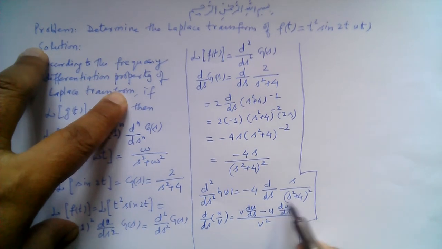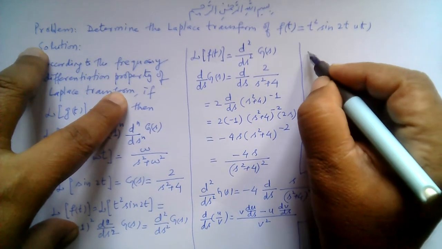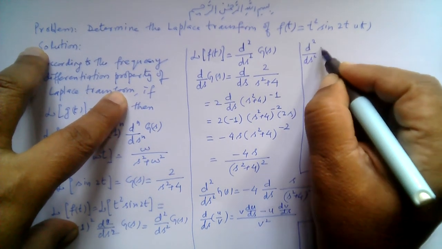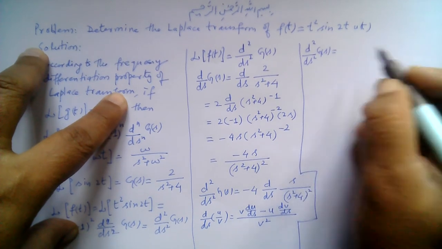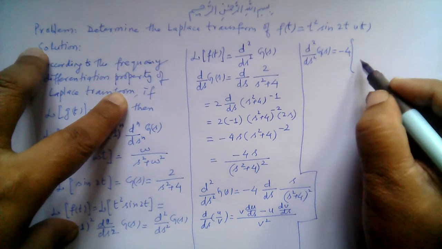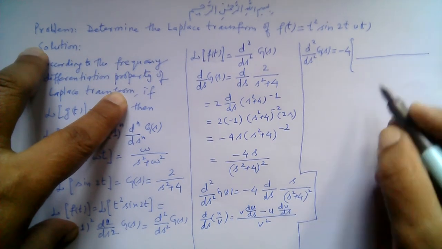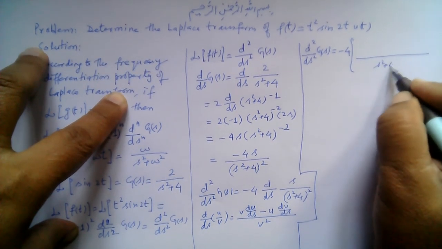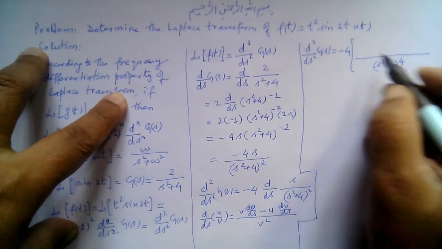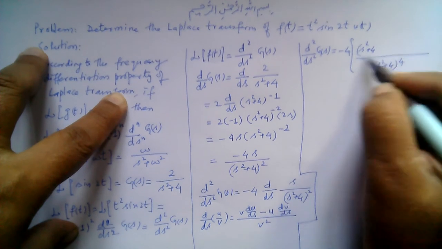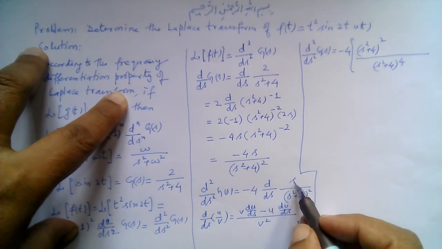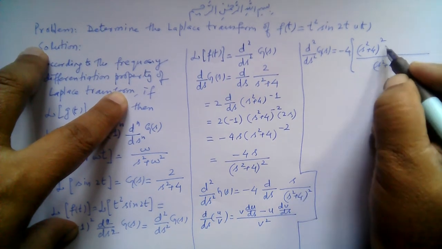Using this formula, we have d²/ds² of G(s) equal to -4. We take this common, and this is the v term, so this is (s² + 4)². This is already squared, so the square of the square will be raised to the power 4. So (s² + 4)² here, and then the derivative of the numerator term, this is simply 1, right?